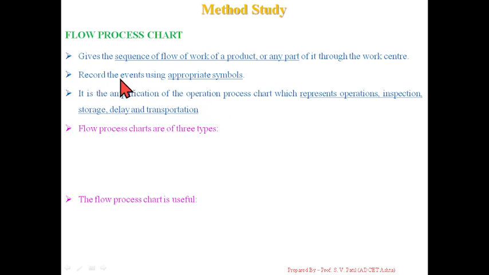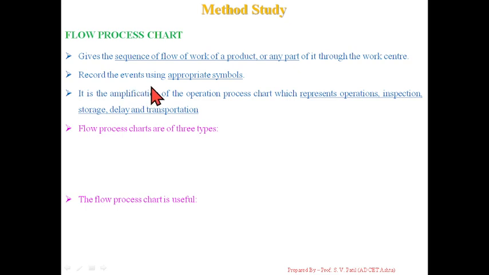The flow process chart is used to record the sequence of flow of work of a product or any part which is processed in the industries. While preparing this chart, we are supposed to use the appropriate symbols. These symbols are called Therbligs, which are suggested by the scientist Gilbreth.